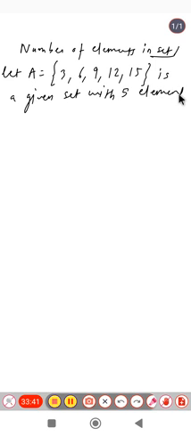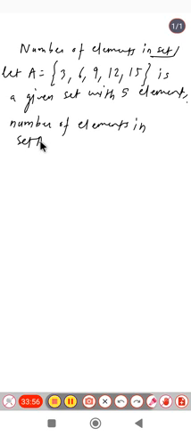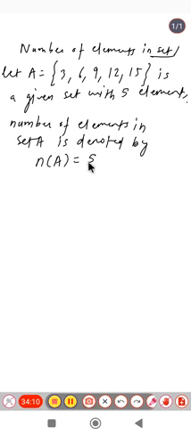Okay, fine. Similarly, the number of elements in set A is denoted by n of A, which equals how many elements? It's 5. Understand? For example, we take the next one.